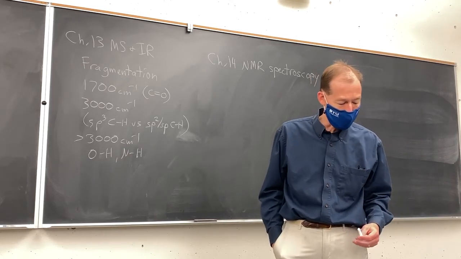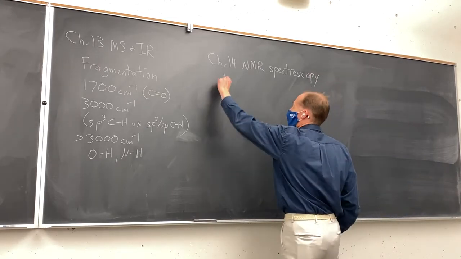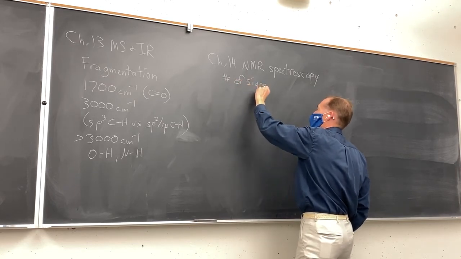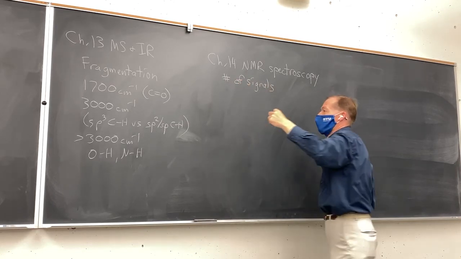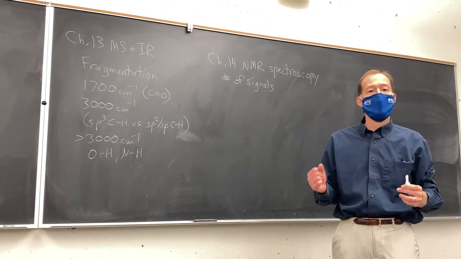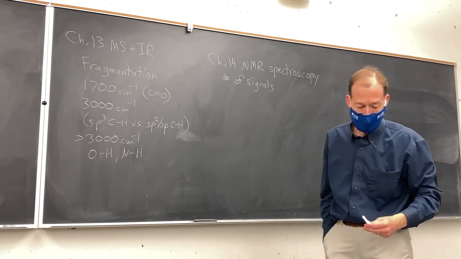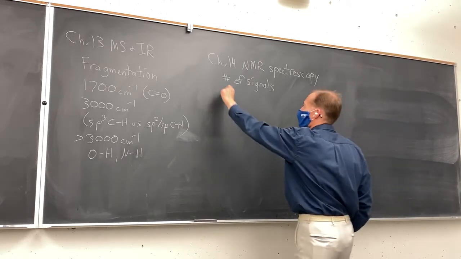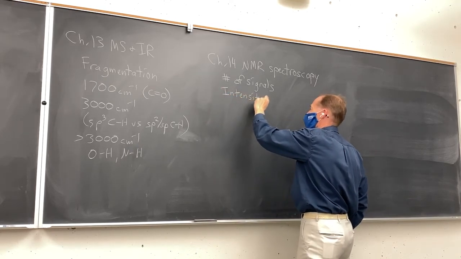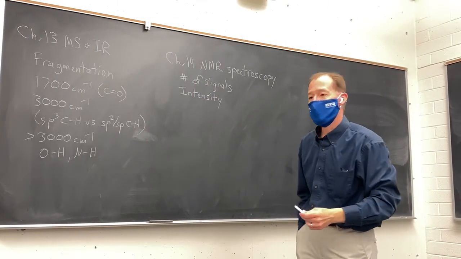So really, we have our key, the important things in an NMR spectrum: the number of signals. Sometimes we give you a structure and ask you to tell us how many different signals would be present. So being able to determine if hydrogens are enantiotopic versus diastereotopic. The intensity of the signals or the integration, telling you how many hydrogens are present in each.